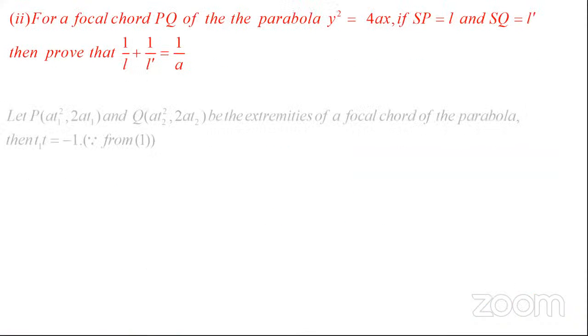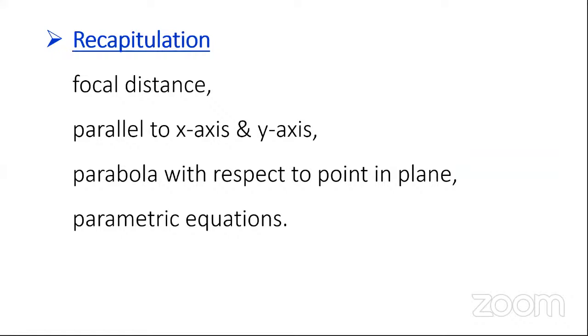Here, what is the recapitulation? Focal distance. What is the focal distance? The distance from a focus to a point lying on the parabola is called the focal distance. Yesterday we discussed a parabola with axis parallel to the x-axis. Then the equation of the parabola is x = ly² + my + n.